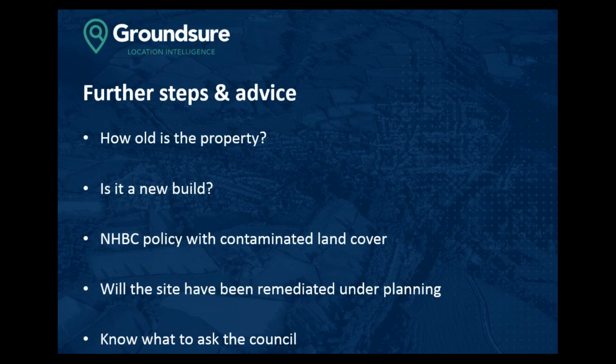So the first question to ask is, how old is the property? Because this can help identify if planning could be used. So mainly for properties after 1985, but more common in recent years. Now, if it's a new build, it'll more than likely have an NHBC policy or certificate or have been remediated under planning.